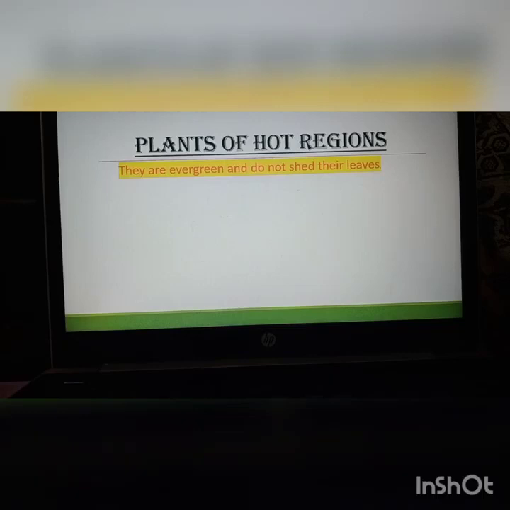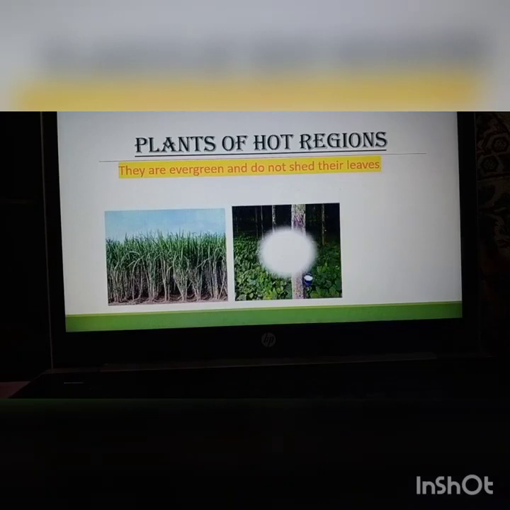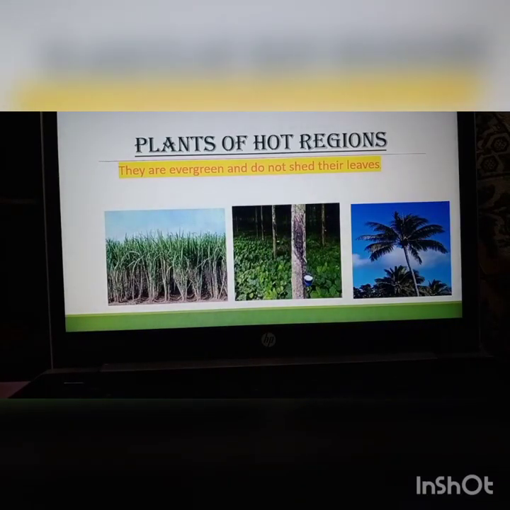So let's see the features of such area plants. They are evergreen plants. Yes, it is a very important feature that these plants are evergreen in nature, meaning they never shed their leaves and they are full of green leaves all the time.